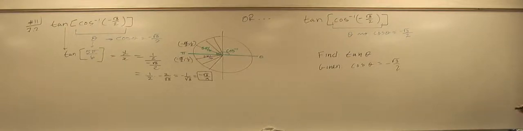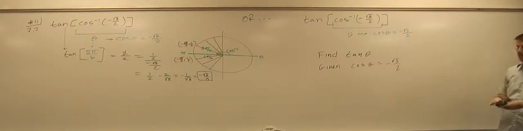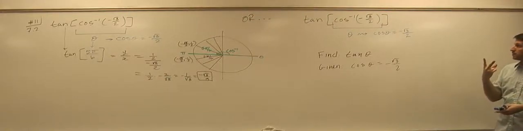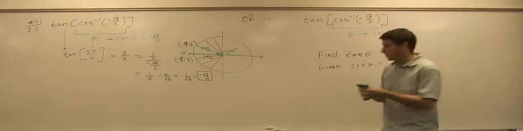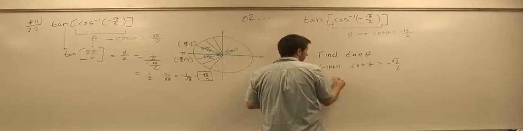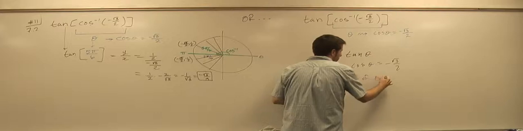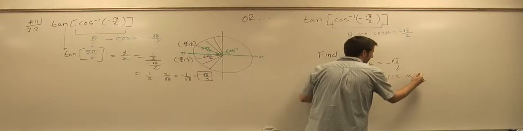The most important thing, I think, about the triangle method is to figure out the quadrant that your triangle lands in. How do you know the quadrant to draw your triangle in? It comes from two things. Okay? It comes from the fact that cosine is negative. So as far as the quadrant of theta, which is your first sort of question mark here, when you're doing the triangle method, you need to note cosine is negative.